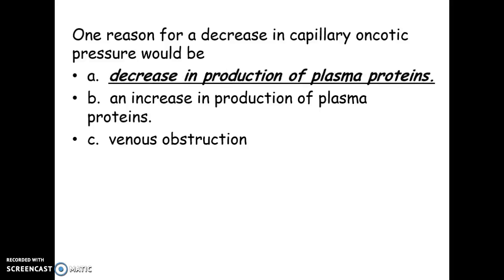So the correct answer would be decrease in production of plasma proteins. Venous obstruction would cause fluid to build up in the tissue, and so that could cause an increase in interstitial hydrostatic pressure because there's more fluid.